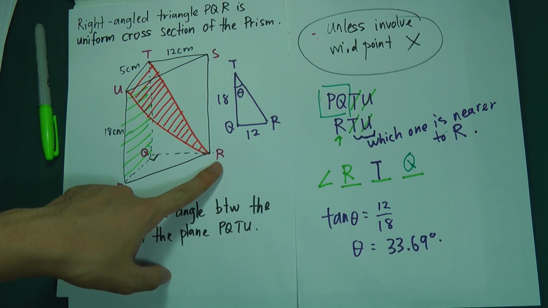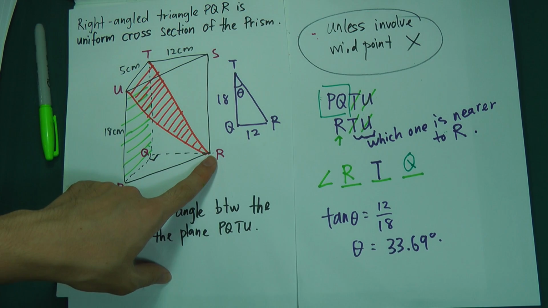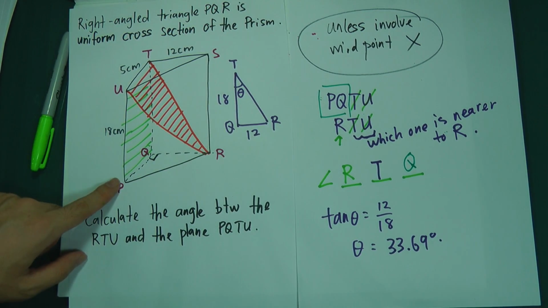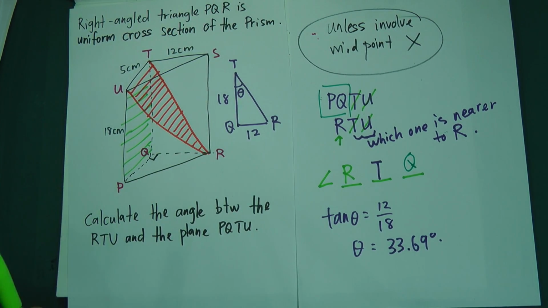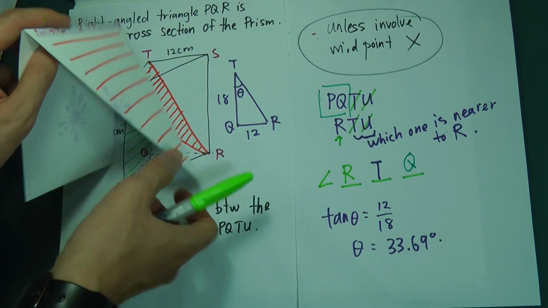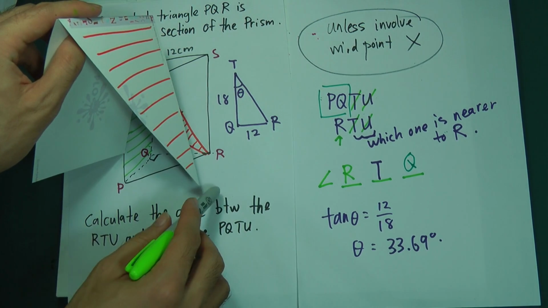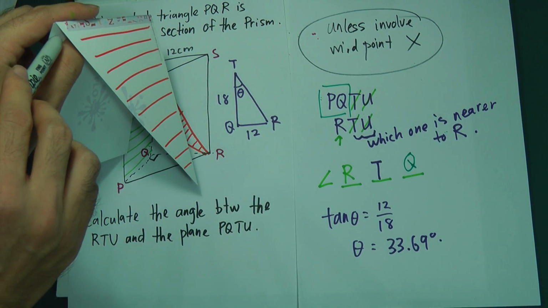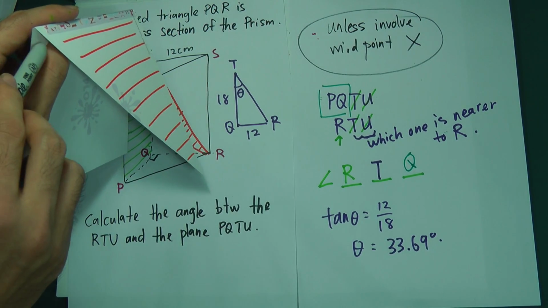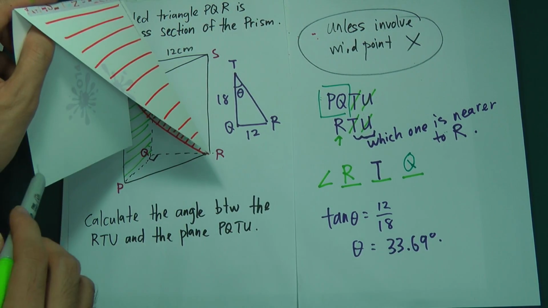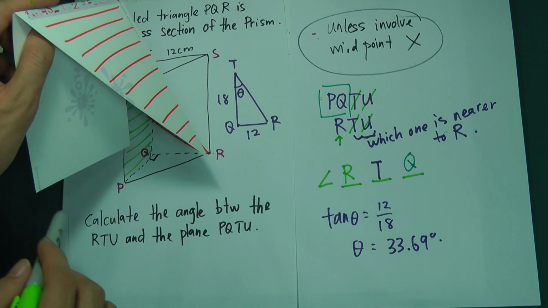How can you draw a triangle for R, U, and P? Because R and U actually cross over. Do you see R and U? R to U cross over, and then P is over here. So for R, U, and P, you cannot draw a triangle.